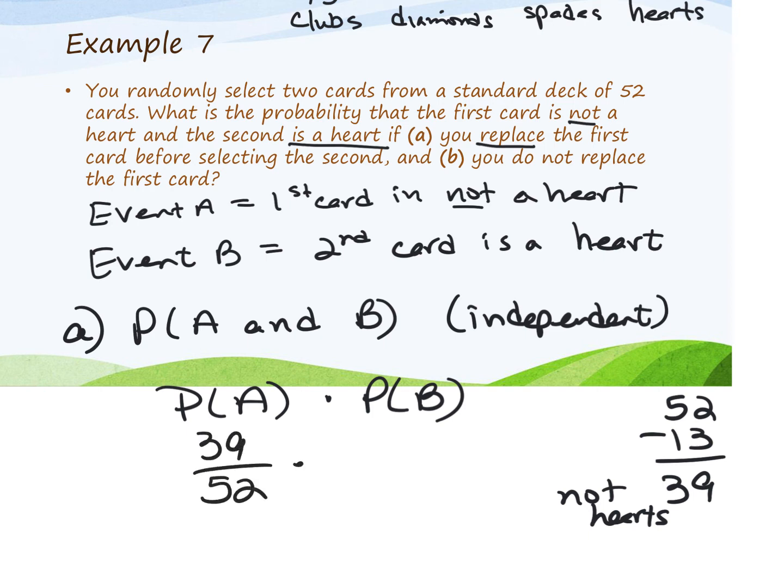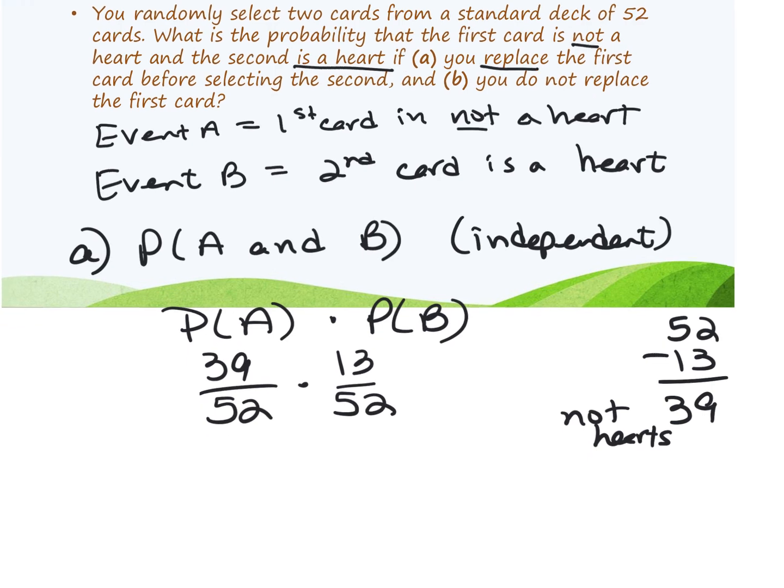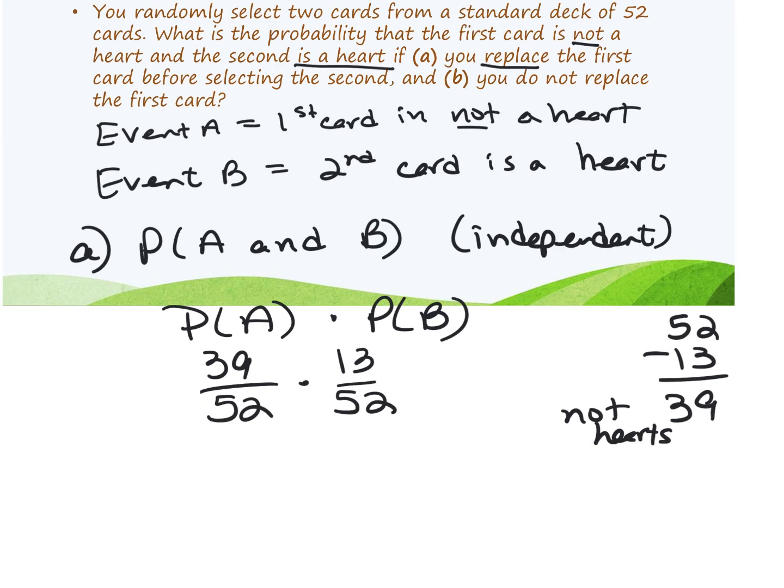The probability of the card being a heart is going to be 13 over 52. Now I'm going to reduce these fractions. This one, the probability of A, divide both by 13, and reduce this to 3/4. 13 over 52 is going to simplify to 1/4.